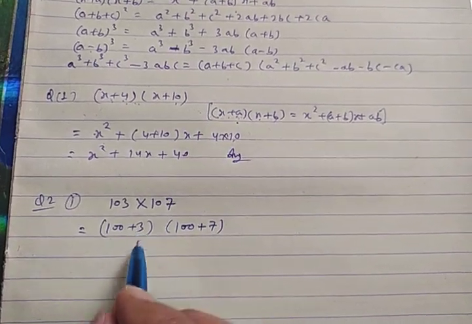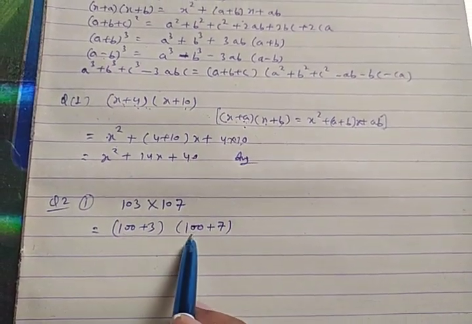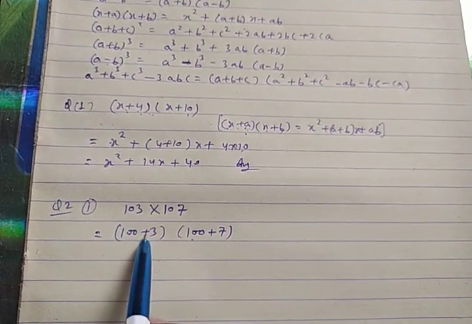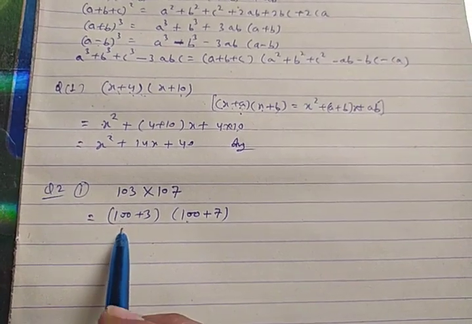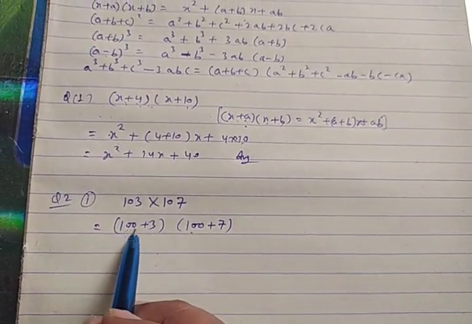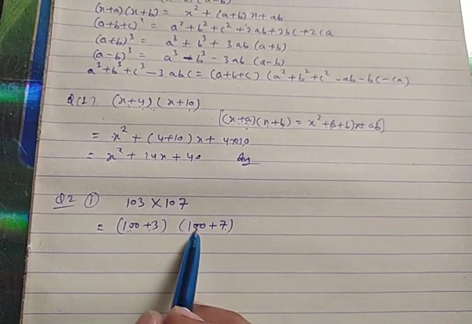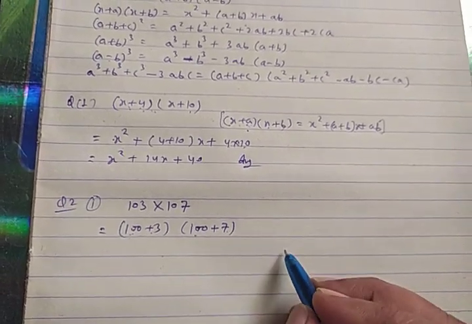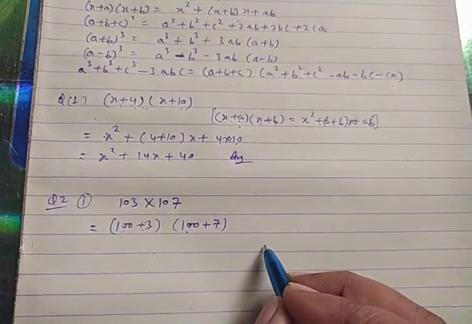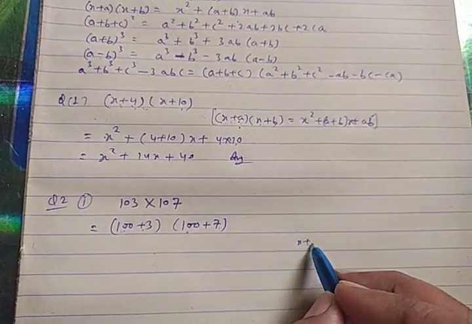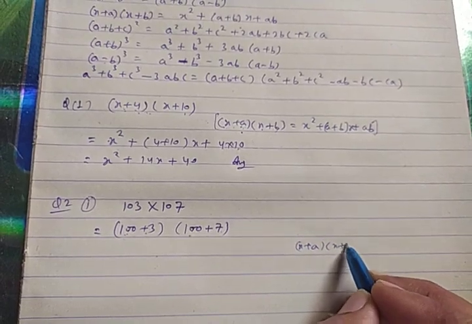You will have to observe that I am taking the first quantity similar. You can break any of the quantities, but for the sake of application of formula, I am writing it 100 plus 3 and 100 plus 7. 100 is the similar quantity because in the formula you take care of this. It is x plus a and x plus b.